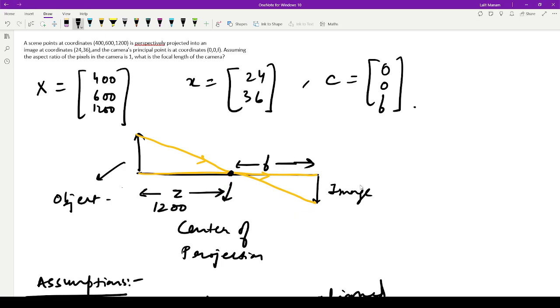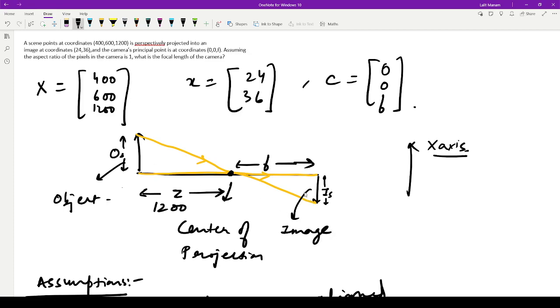Now for instance, if this axis is x-axis, we can have two solutions here based on which axis you choose. The object size in x-axis is 400. I'll write object size OS like this, and this is the image size, IS.